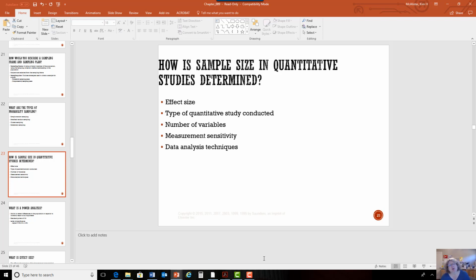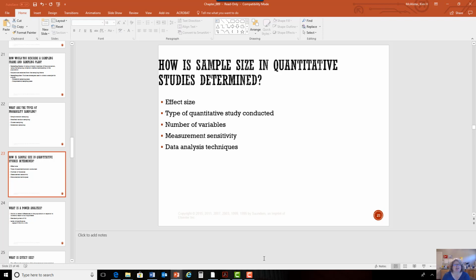So when you're having a quantitative study, you want to decide how many people are included in your study. And so you want to look at what the effect size is. You also want to look at what type of study you're conducting, how many variables you have, your measurement sensitivity, that's how reliable and valid your measurement tool is.